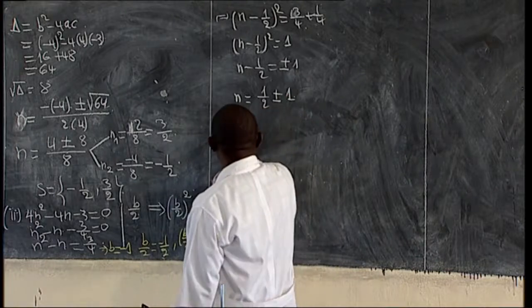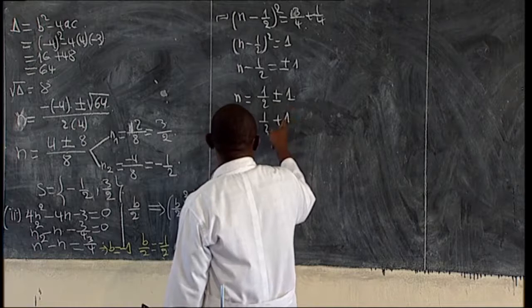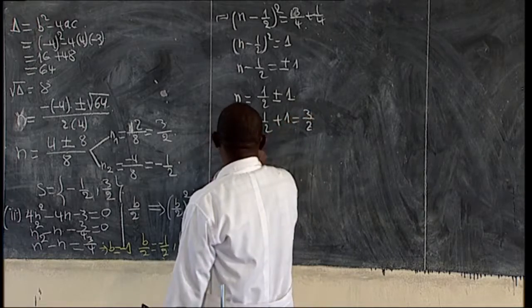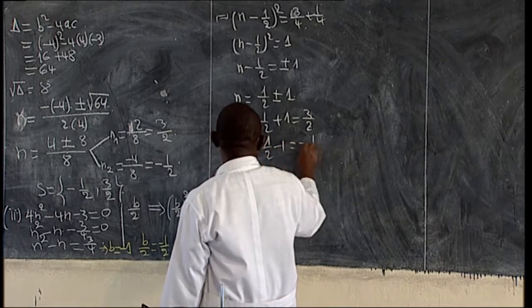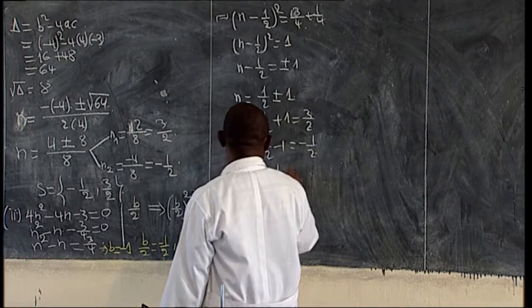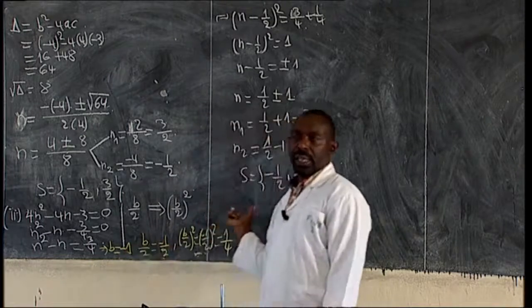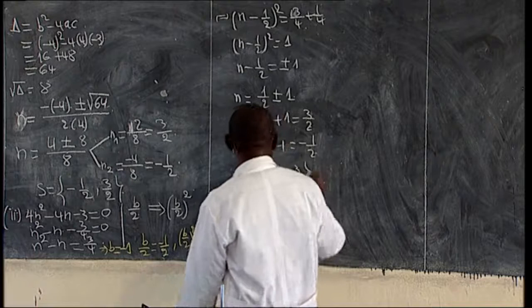Then n1 is equal to 1/2 plus 1, that is 3 divided by 2, and n2 is equal to 1/2 minus 1, which is equal to -1/2. So the set of solutions is still -1/2 and 3 divided by 2. Both methods lead to the same answer, isn't it? Oh, very nice. Thank you.